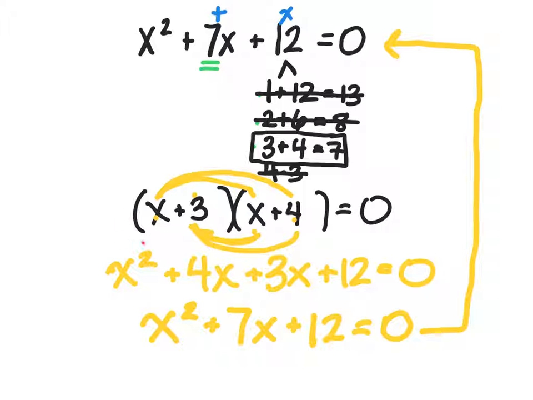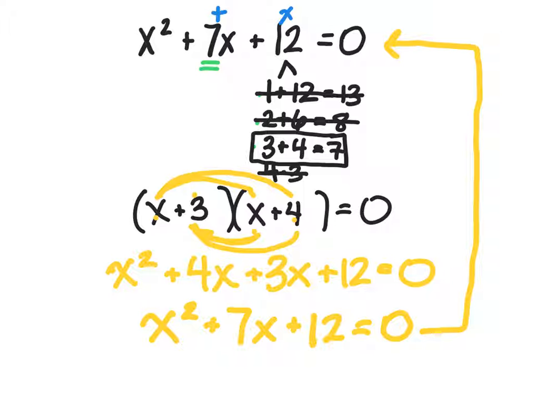This right here is my factored form, but we wanted to check our work by foiling or by distributing. So we said x times x gave us x squared, x times 4 gave me 4x, 3 times x gave me 3x, and 3 times 4 gave me 12. When I combine my like terms, which are the two terms with x's, I know 4x plus 3x gave me 7x. So our final was x squared plus 7x plus 12, which is what we had at the beginning.